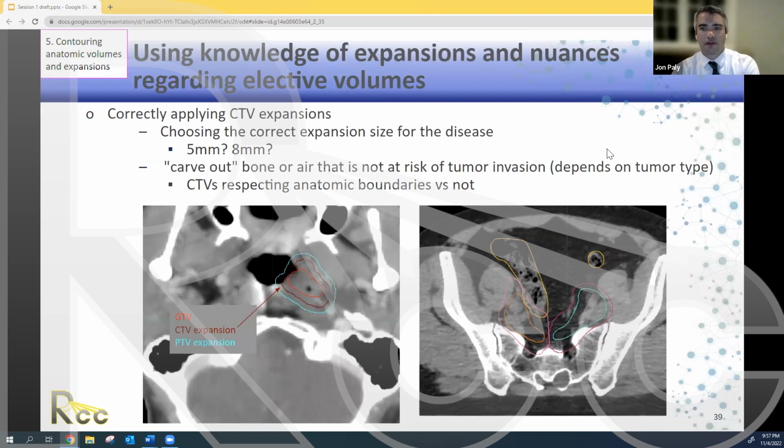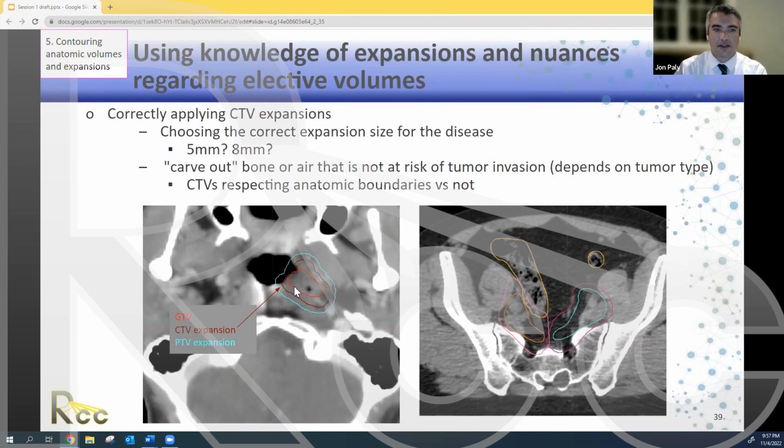And so going through that first category of choosing a CTV on top of a GTV, again here we have a nasopharynx case. What we're doing is choosing a CTV expansion, which is this dark red line, to expand off of the bright red line, which was the GTV. The first thing to know is what size expansion you want to do.